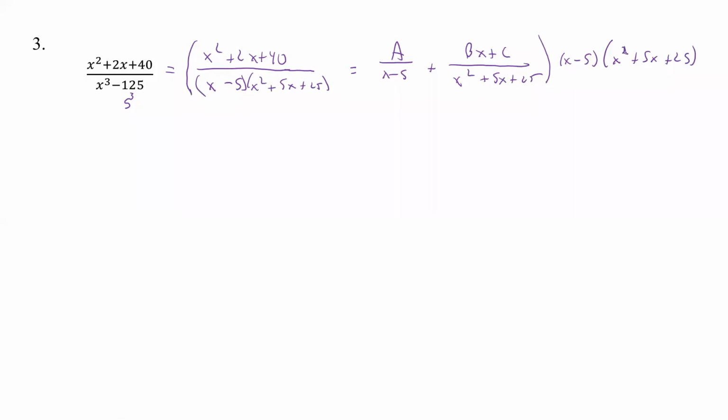And so from there, when I multiply that first one, I just get the x squared plus 2x plus 40. Now when I multiply the next piece, the x minus 5 cancels, and I'll have a times x squared plus 5x plus 25. And then the next time I'll have plus bx plus c times, and those cancel, so I have just the x minus 5.